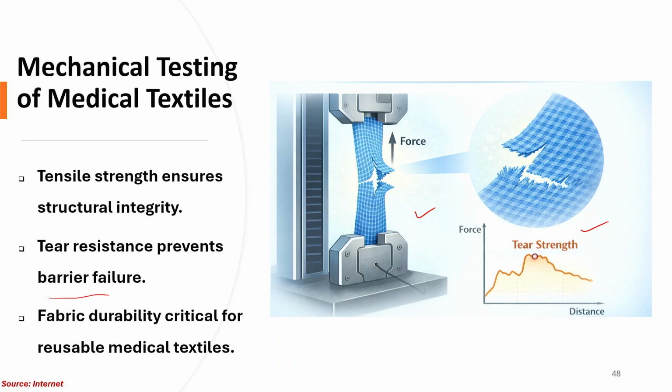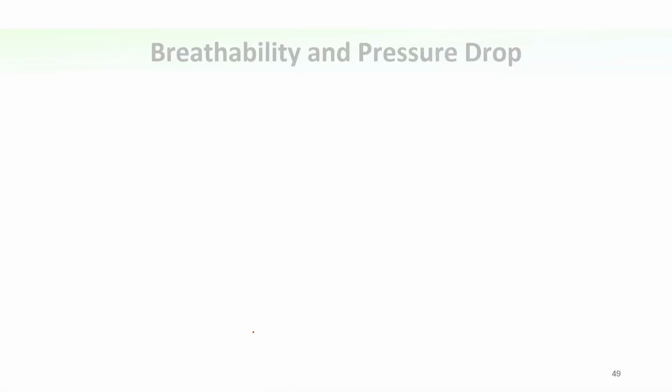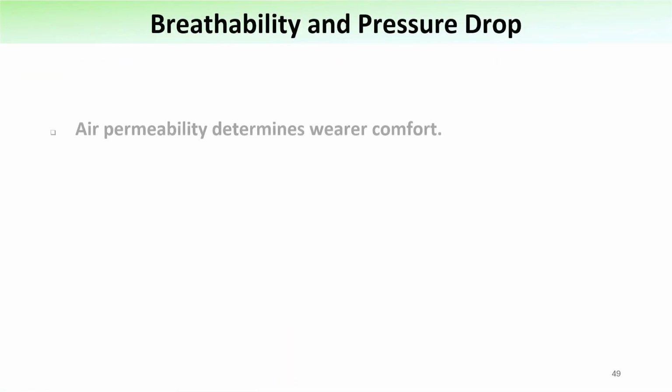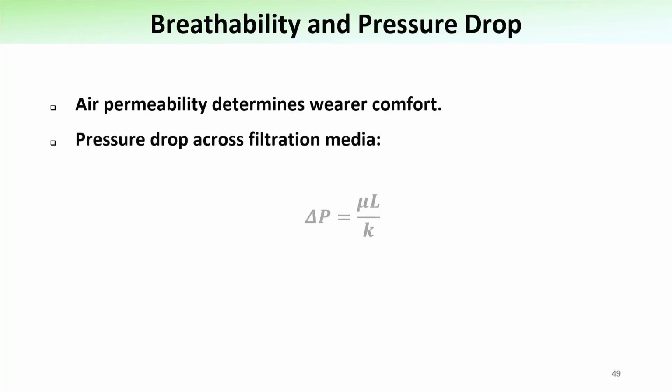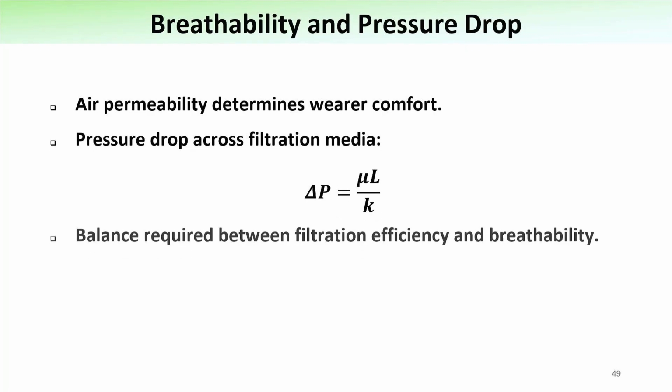Fabric durability is critical for reusable medical textiles, particularly for woven or knitted textiles. Breathability is also important. We test by air permeability, pressure drop across the medium, and also water vapor permeability.